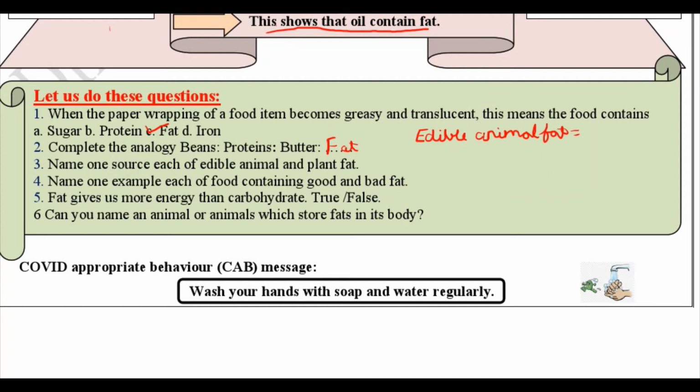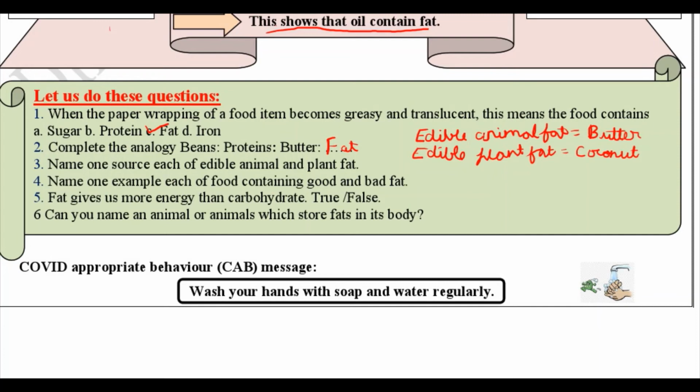So let's say I take butter here only. So this is also an edible animal fat. This is butter, okay. Next you see we have edible plant fat. So over here I am going to take an example, that is coconut, okay. So coconut is obtained from coconut trees which is even a plant.